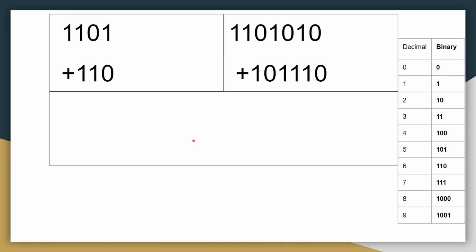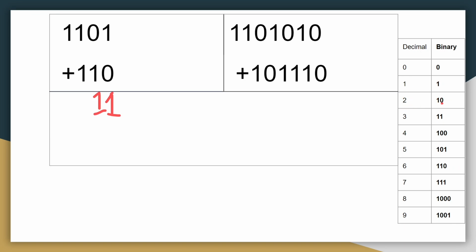Starting with binary addition, the first problem that we have is 1101 plus 110. 1 plus 0, that's normal, that's just 1. 0 plus 1 is also the same, so it's 1. And now here's where it gets different, because 1 plus 1 would normally be 2, but you can't use that.